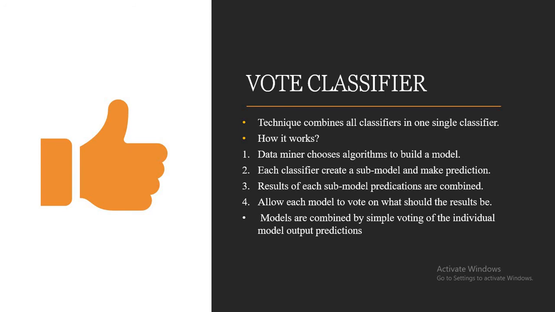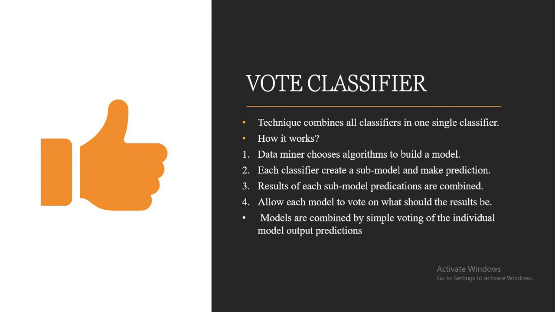Number one, a data miner chooses algorithms to build a model. Different algorithms are chosen and built in one single model. Each one creates a sub-model to make a prediction. Let's say a data miner has chosen J48 and another classifier called random forest. Each of these classifiers makes its own prediction.